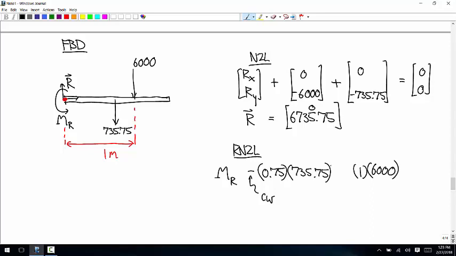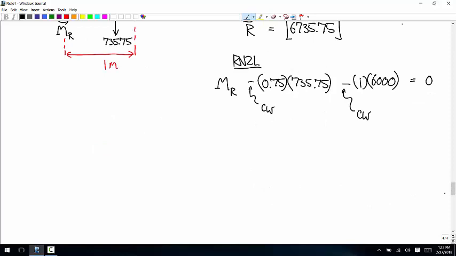And would that make it rotate clockwise or counterclockwise? Clockwise, so that's negative again. And those all add up to 0. And so the reaction moment is, what did you get for that? So the whole thing will just be 6,000 plus that, so 6.8 positive, and that's Newton meters.